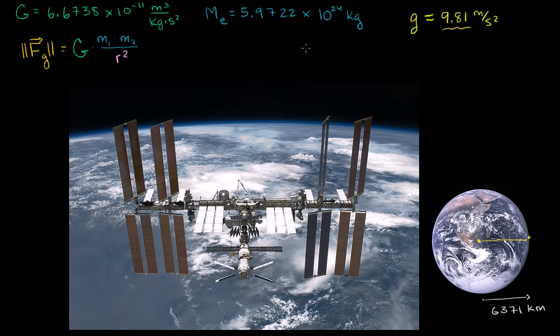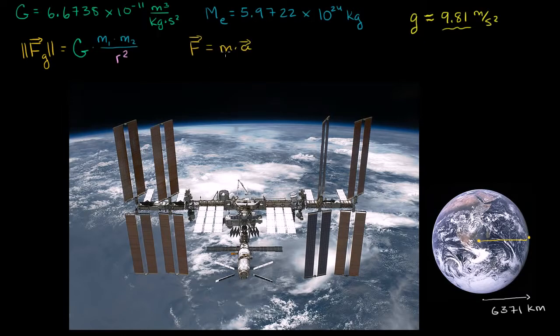If we want the magnitude of the acceleration, which this really is, since I didn't write this as a vector, this is just the magnitude. If you wanted the acceleration as a vector, you'd have to say downwards, or towards the center of the Earth in this case. But we just have to remember that force is equal to mass times acceleration.